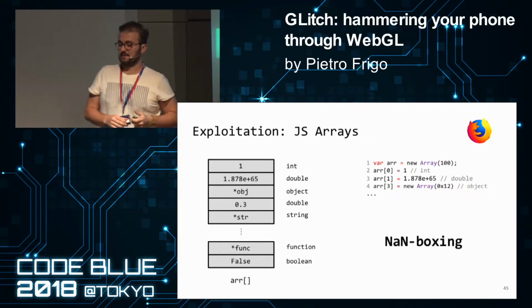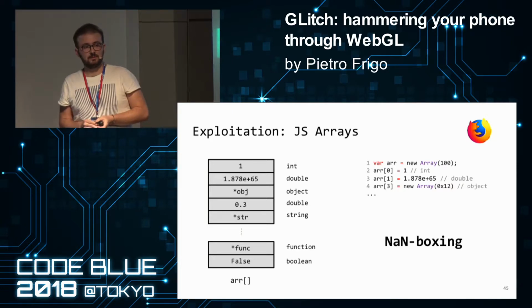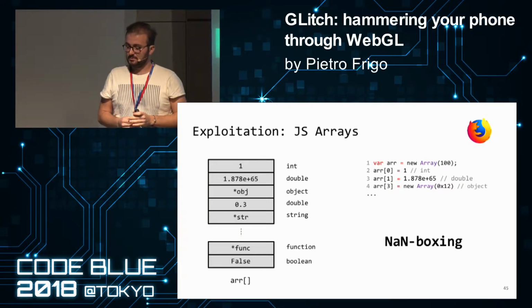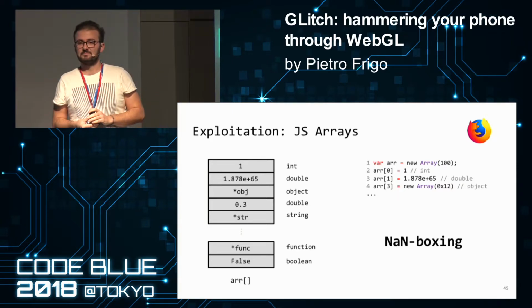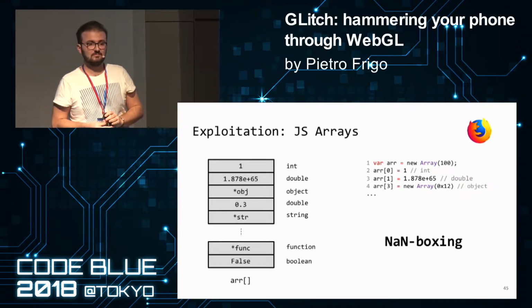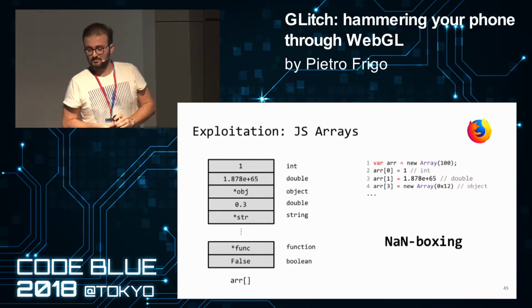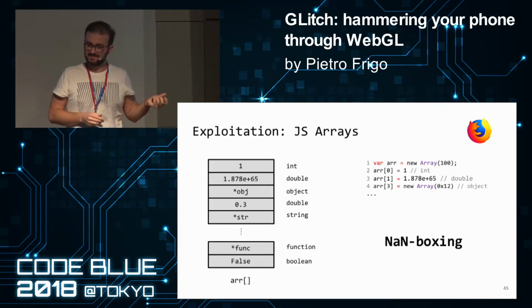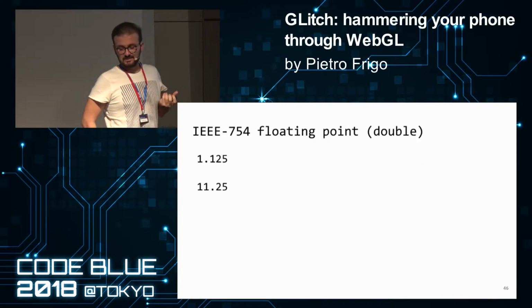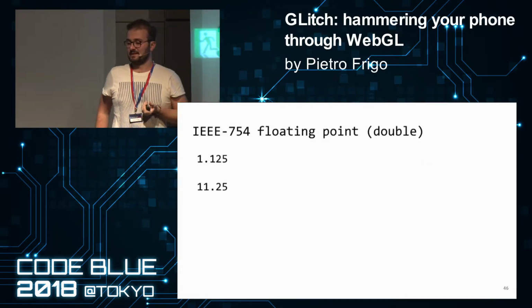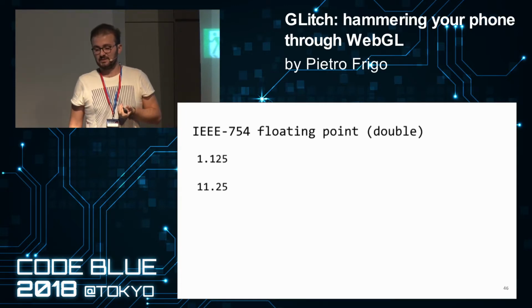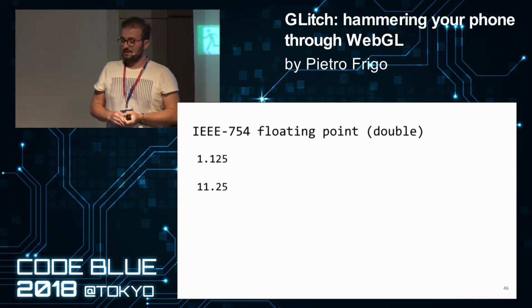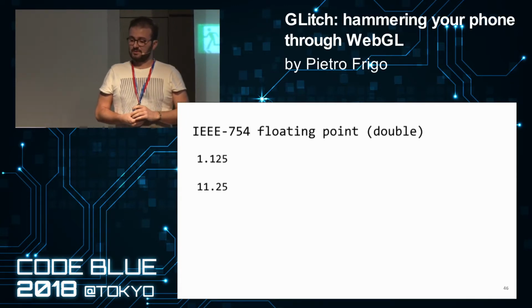And the answer is NaN-boxing. Now, how many of you know about NaN-boxing? Is anyone familiar with NaN-boxing? No? OK, well, I'm going to explain it. NaN-boxing is a consequence of the way that the IEEE consortium decided to design floating point numbers.